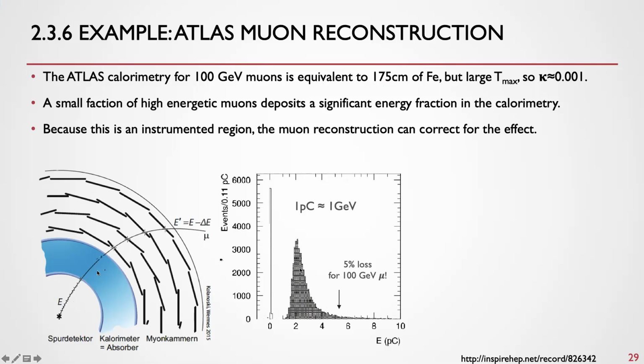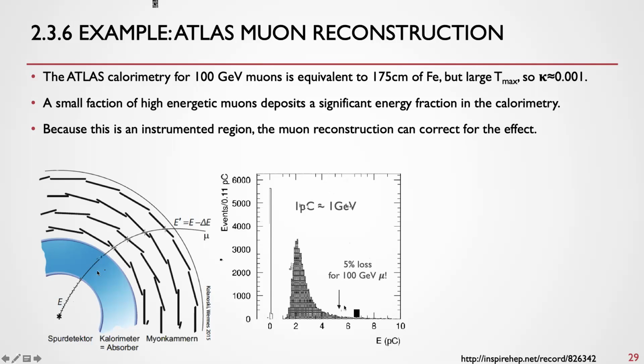That's what's shown for ATLAS, liquid argon calorimeter, in the middle plot. It's a calorimeter, so the ionization yield is given in picocoulomb. Coulomb is the total ionized charge, and it's calibrated so that 1 picocoulomb corresponds to 1 GeV.